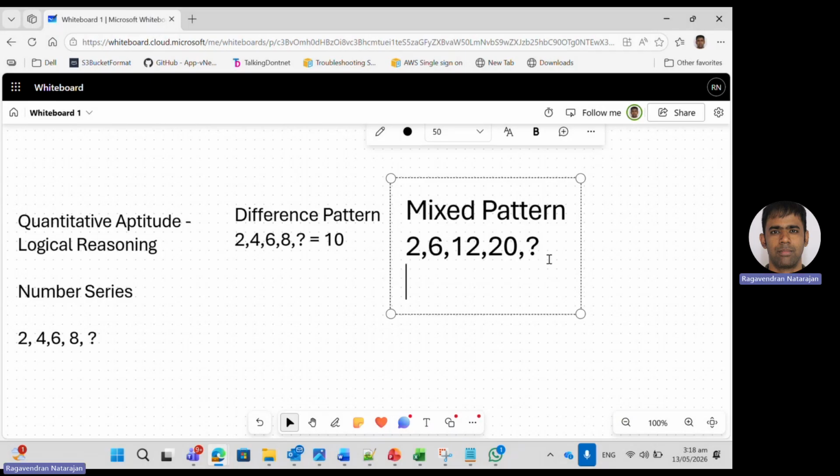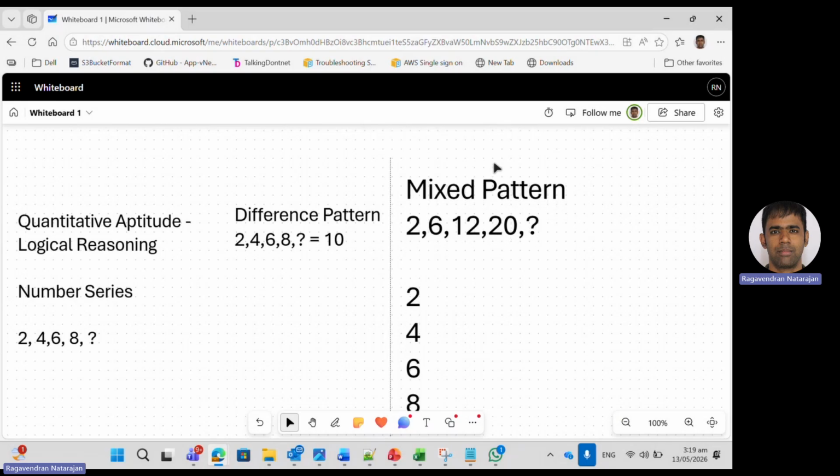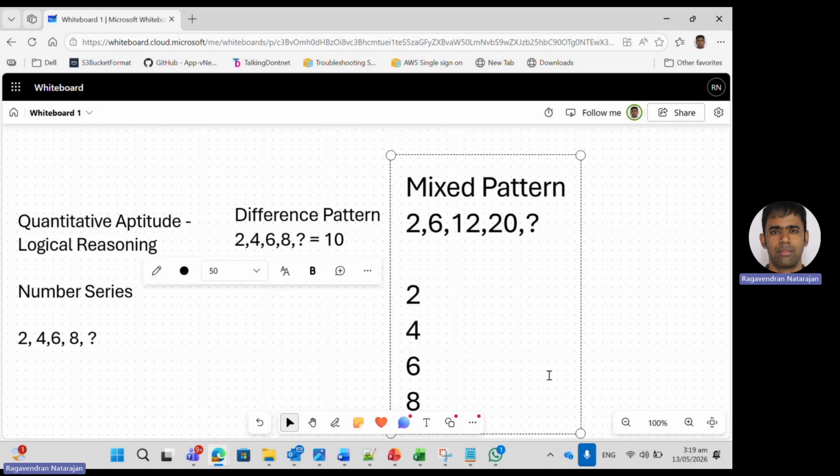So the difference is going like 2 and then 4 and then 6 and then 8. Now I hope you all would be able to say the next number.